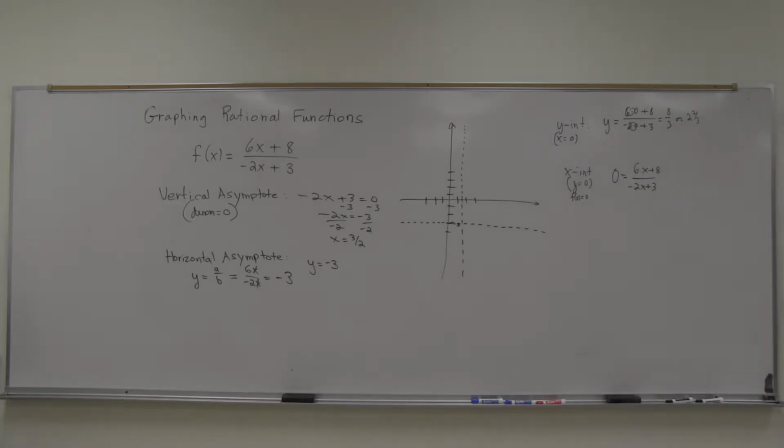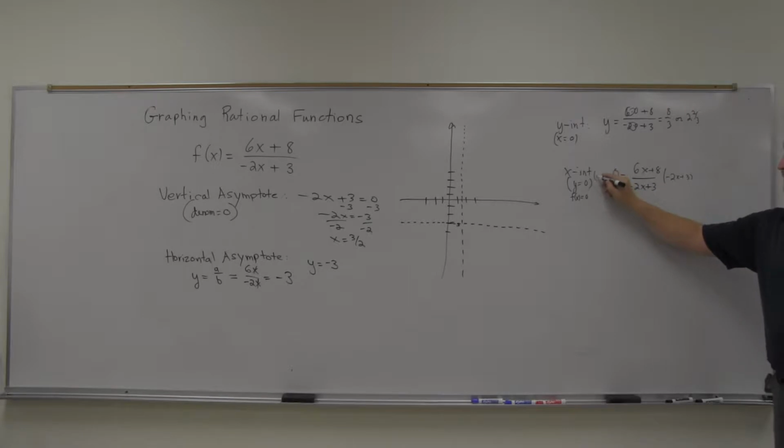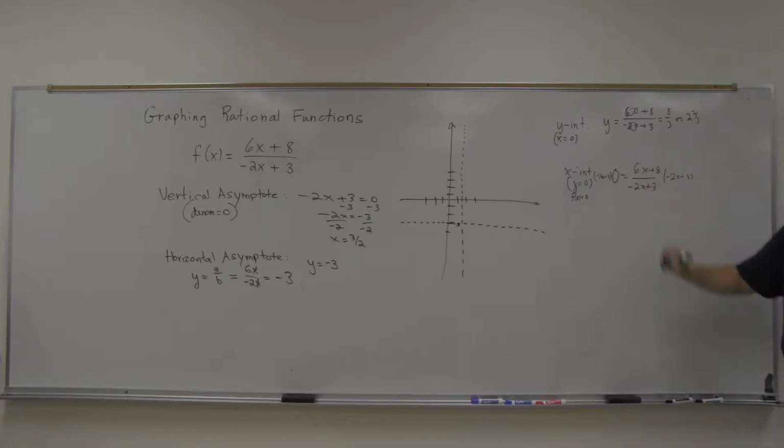Which looks a little more complicated, but it is not really, because if I multiply both sides by negative 2x plus 3, to get rid of that denominator there, well, that's 0 times negative 2x plus 3, that's still 0. So you wind up with just 0 equals 6x plus 8, which, solve that out, x would be negative 8 over 6, so that's negative 4/3 and negative 1 1/3, or something equivalent. With me there?